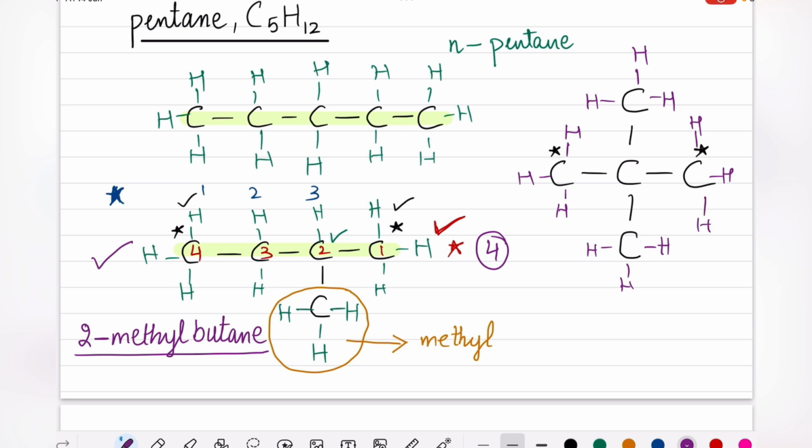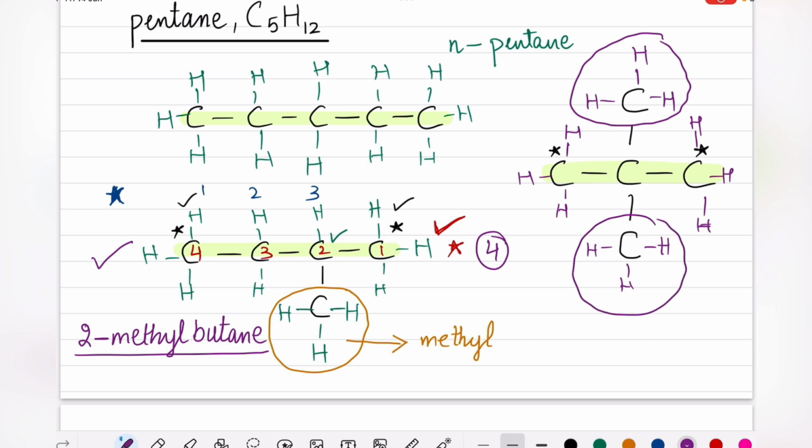Then I will name this structure according to the rules. The first rule is to select the longest continuous chain of carbon atoms. This is a chain of 3 carbon atoms. The second is to find the branches and name them. There are 2 branches and both are attached to the same carbon atom.